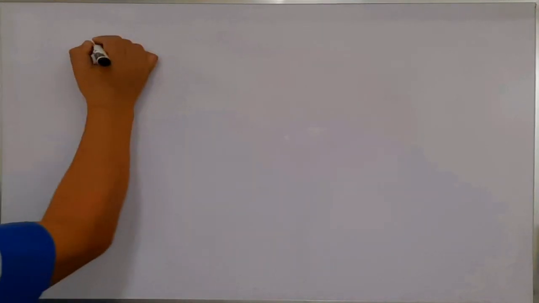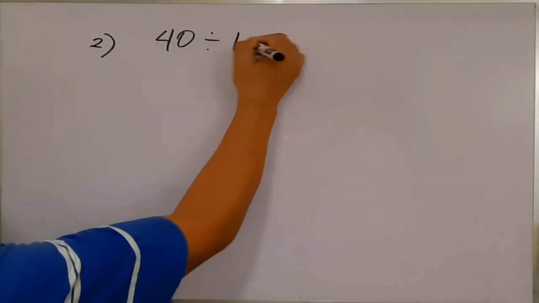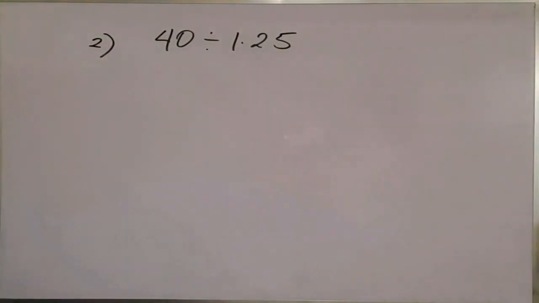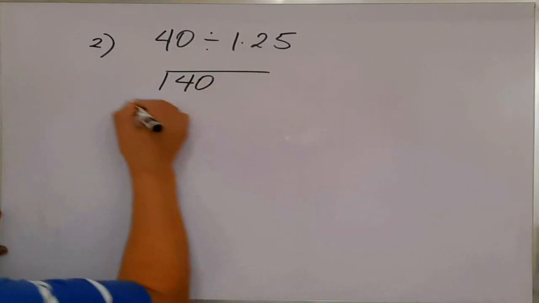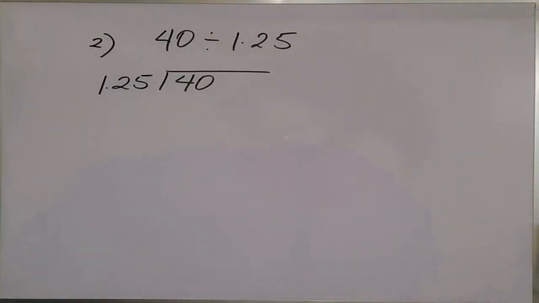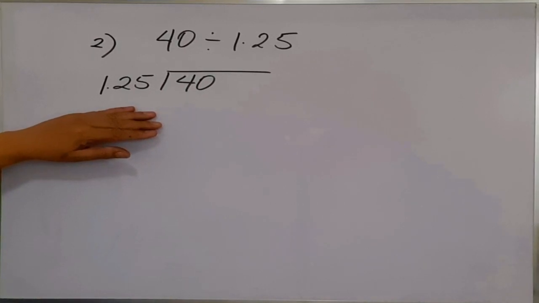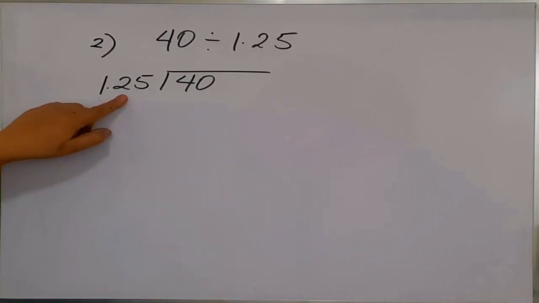Let's solve example number 2. 40 divided by 1.25. In the division of decimal numbers, we must first convert your decimal number into a whole number.